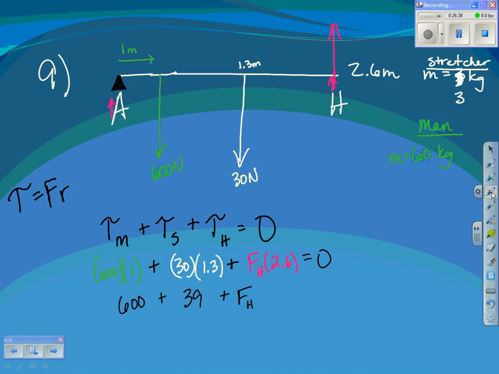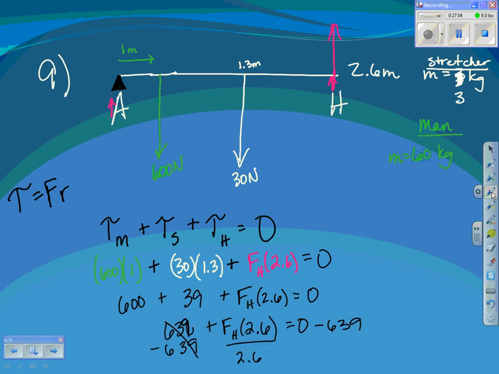Plus my FH times 2.6 equals 0. So we have 639, okay, plus FH times 2.6 equals 0. So we're going to subtract 639 from both sides.